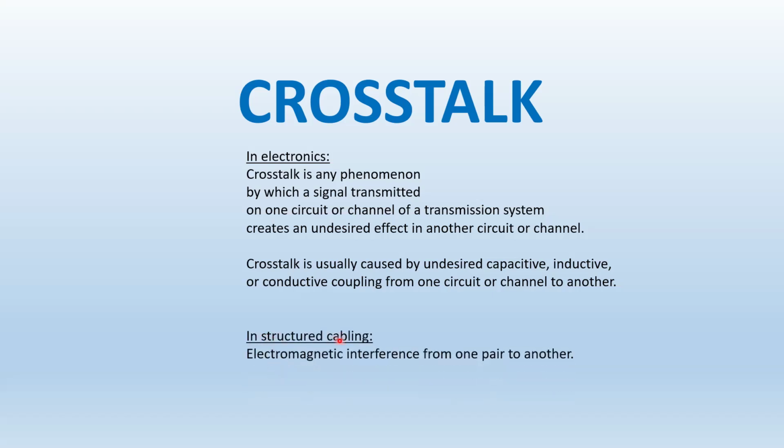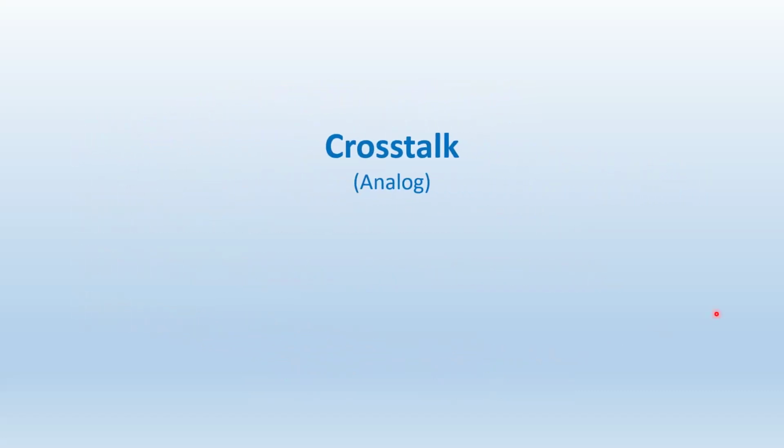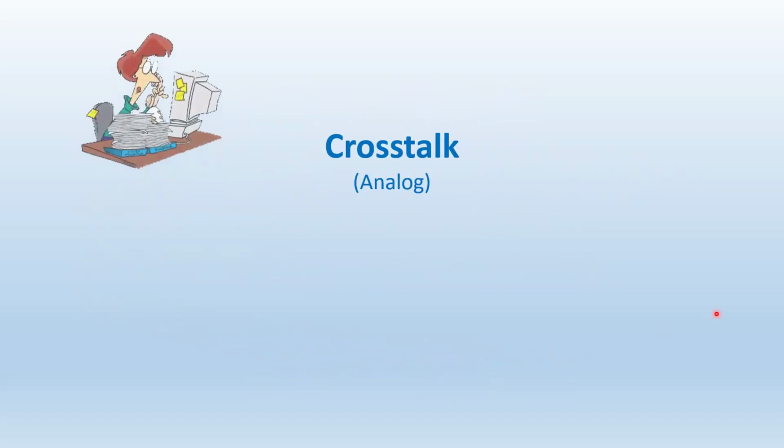In structured cabling, it is electromagnetic or magnetic field interference from one pair to another, because we use pairs for communicating in an analog form. Crosstalk, analog.